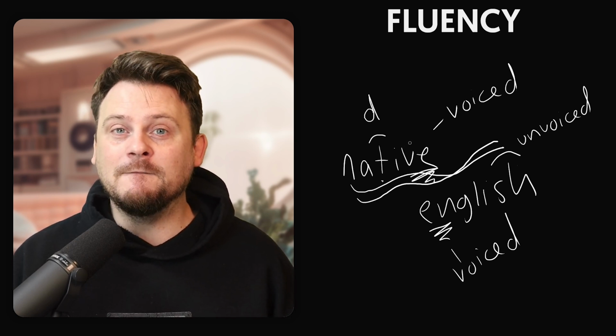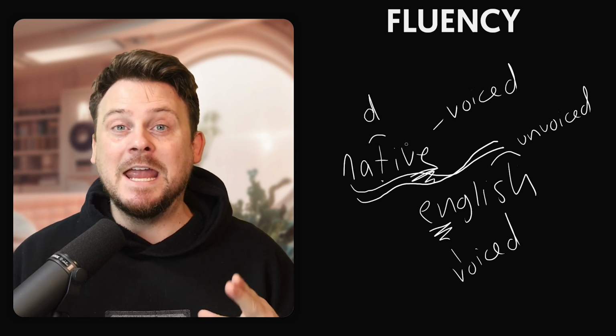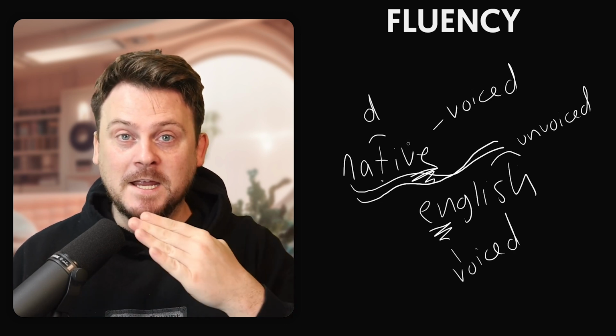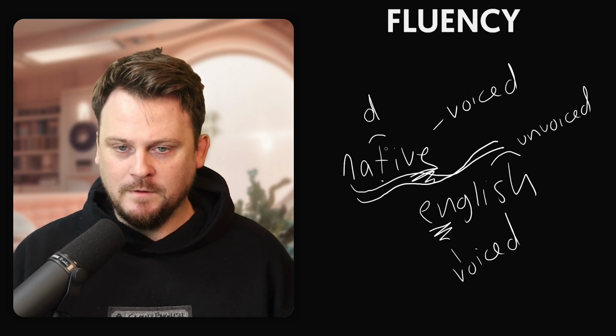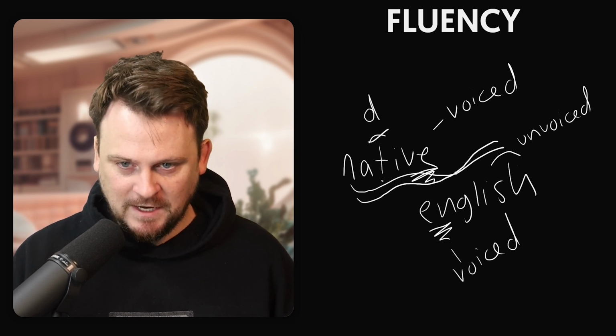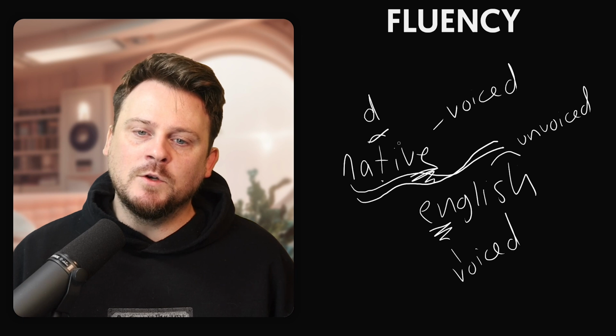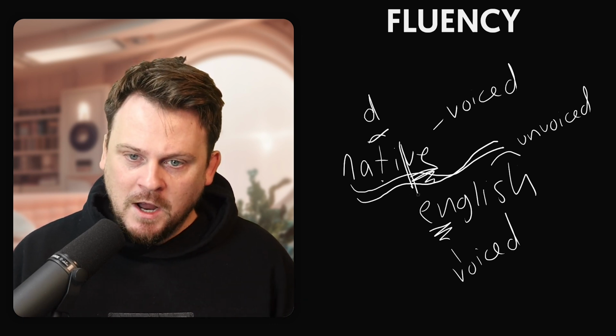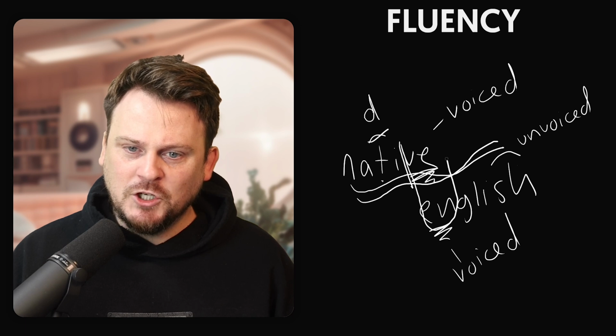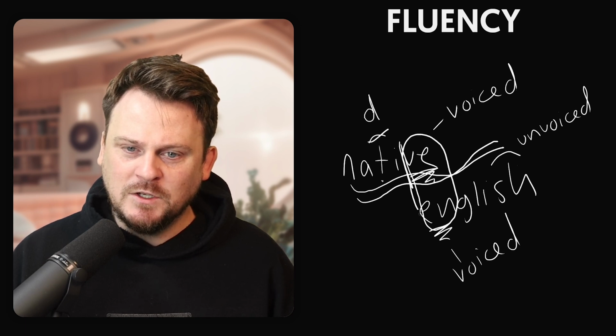Instead of native English, it's native Vinglish. So a couple things are happening here. We got the D sound instead of the T. And then what we're doing is we're kind of, in the way that we say it, in the flow, changing the way that we say these two.